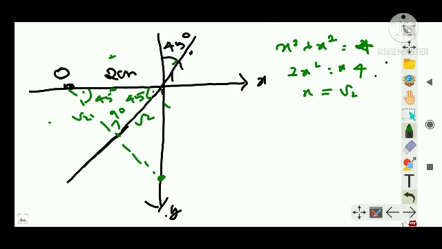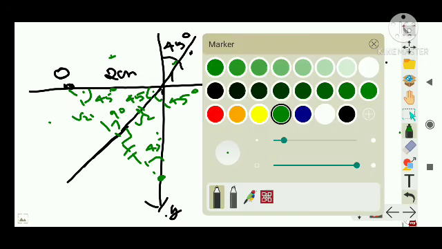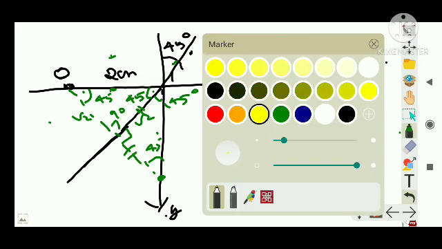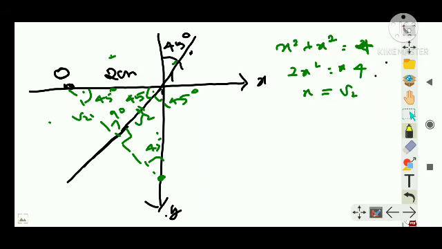Now this angle also will be 45 degree. If this is 45 and this is 90, so obviously this angle is 45 degree. So that means this side and this side should be equal. Let me take another color, you guys might be having difficulty here. I meant this side and this side, because the angles are equal, right?